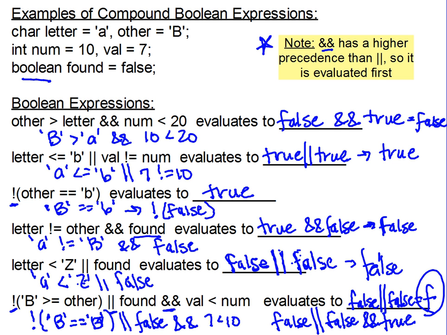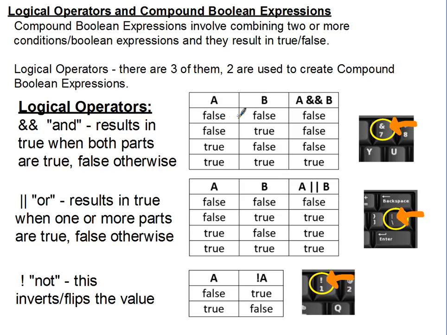Now some of you might have noticed when looking at the chart that if I know something is false and it doesn't really matter what B is. If A is false, my answer is going to be false.